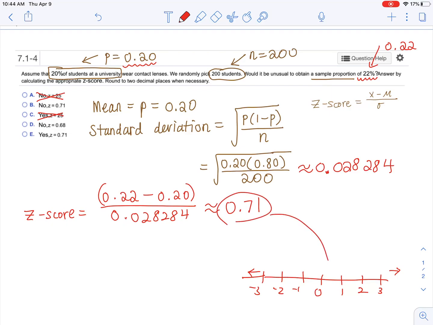This one is approximately over here. So would you consider this to be unusual? No, this is not unusual because the z-score of 0.71 is within one standard deviation. Well, it's less than one standard deviation above the mean. So I'm going to click on the answer that says no, z-score is 0.71.